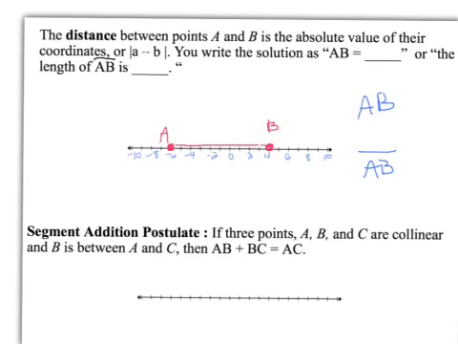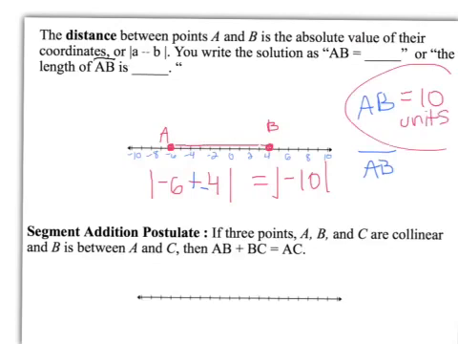Well, you would take the absolute value of the A coordinate, which is -6, and subtract it from the B coordinate, which is 4. Do subtraction, keep the sign of the first, change it to addition, change it to a -4. That gives you the absolute value of -10, which means the length of AB is 10 units.